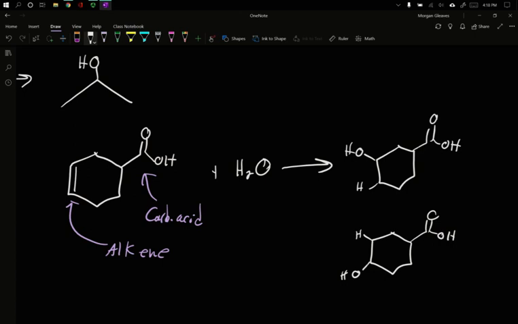What we've done is we looked at a molecule and we said, all right, what are the functional groups present? We've identified them. Then we looked at the reactant. What is the other chemical that could do something with these? We compared them. We said, well, nothing will happen with carboxylic acid, but something can happen with the double bond. And we drew the possibilities of what occurs to that double bond.